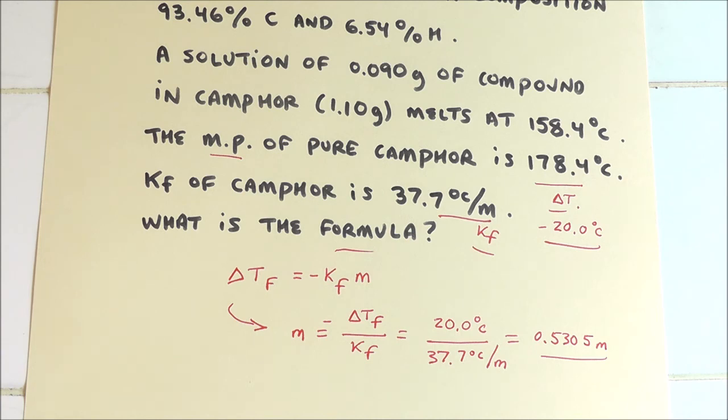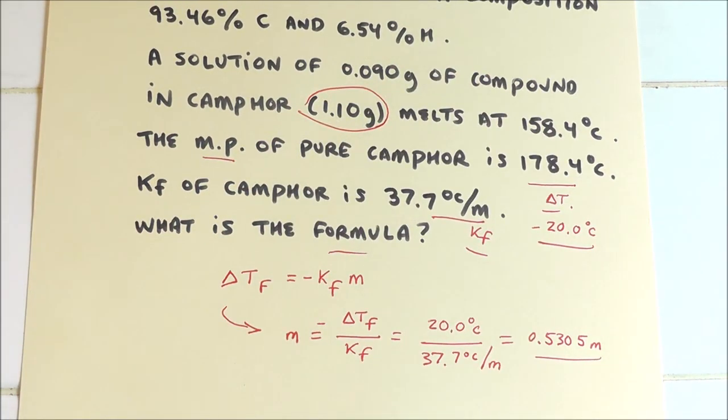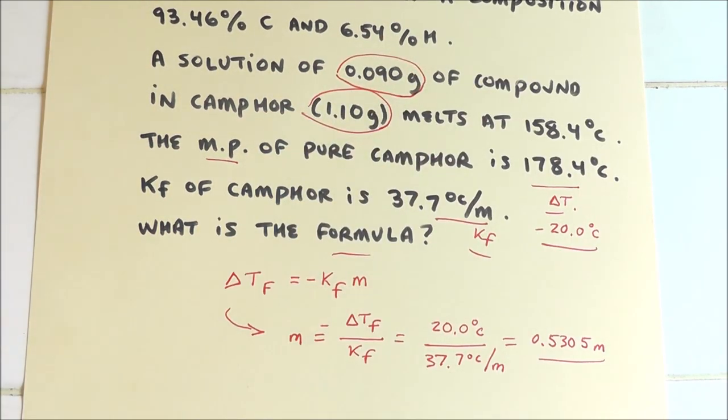Part of the molality is moles. If I knew how many kilograms I dissolved it in, which I do, I can find moles. If I know how many grams I have of it dissolved, I could find grams divided by moles.